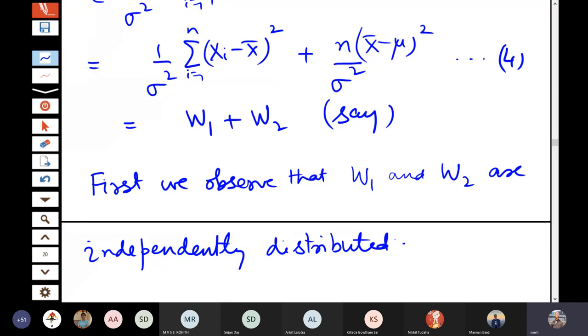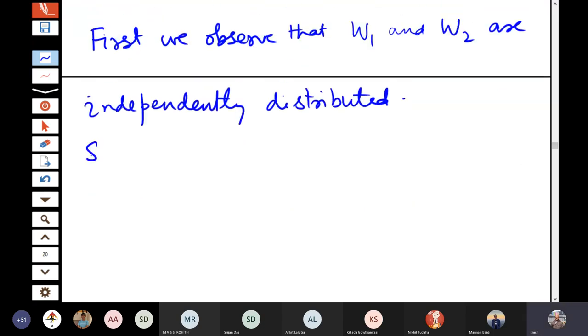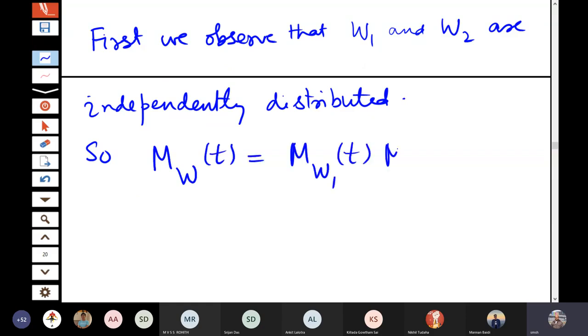Is that point clear to everyone? That W1 and W2 are independently distributed? Yes. So you will have MW(t) is equal to MW1(t) into MW2(t). That is one thing that we are able to observe.